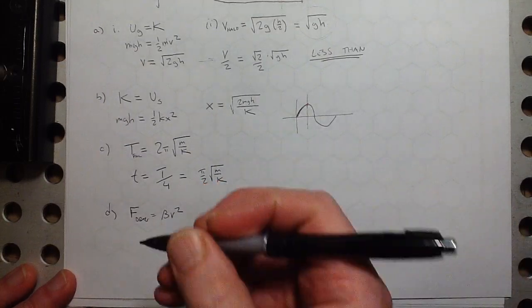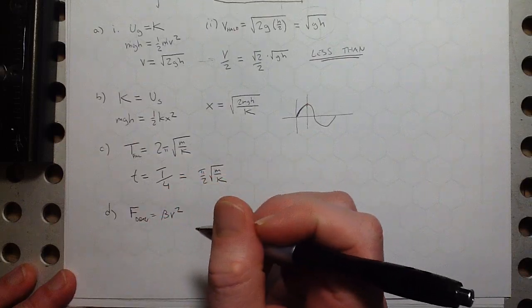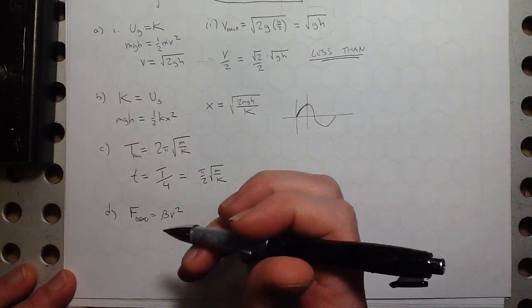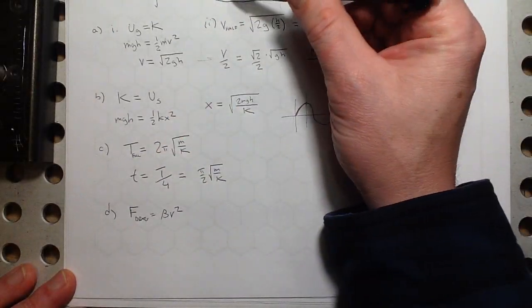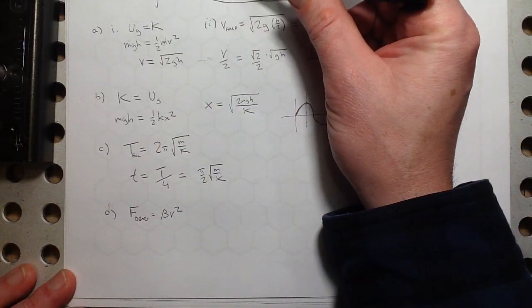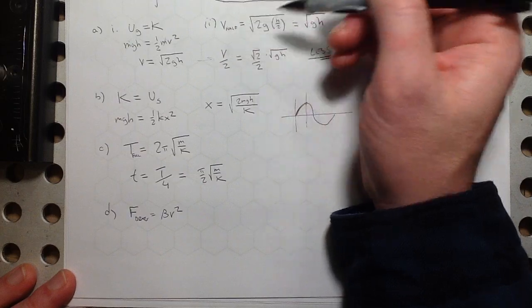Well, that's a resisting force. So here, this is just classic resisting force differential equations. That would be the only force acting on it because gravity and normal force would cancel each other out.